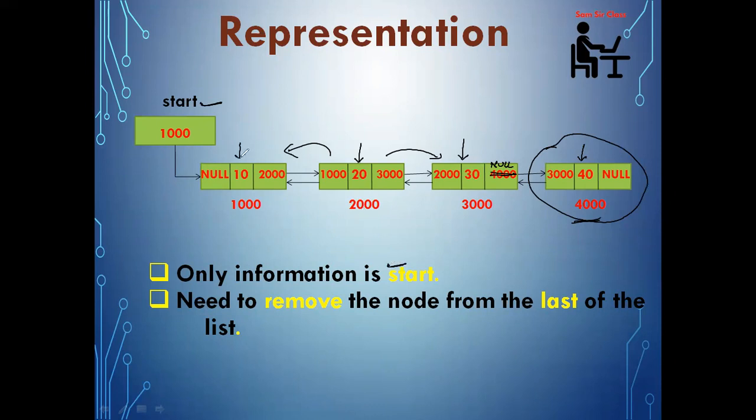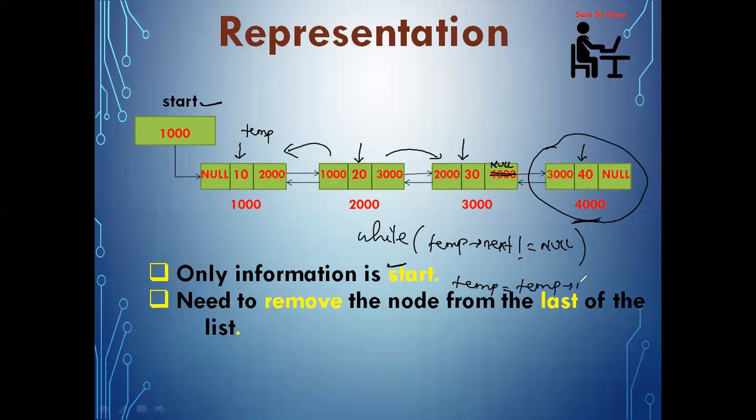So what we will do, we will give the value of start to temp. Okay. Now temp will reach the last node. How? I have to search for that particular node whose next is null. So I'll put a condition that while temp next is not equal to null, still not getting the node whose next is null, temp will go to the next node.